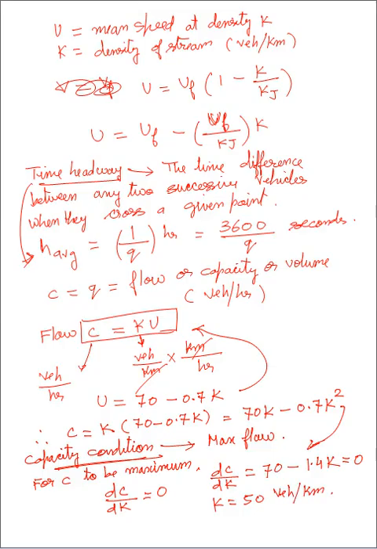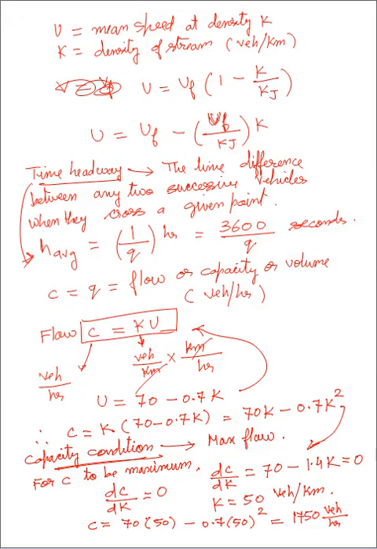Now put the value of k into the basic equation. C is equal to 70 into 50 minus 0.7 into 50 square. The value of C will be 1750 vehicle per hour.